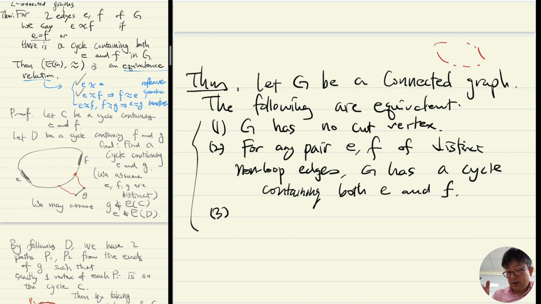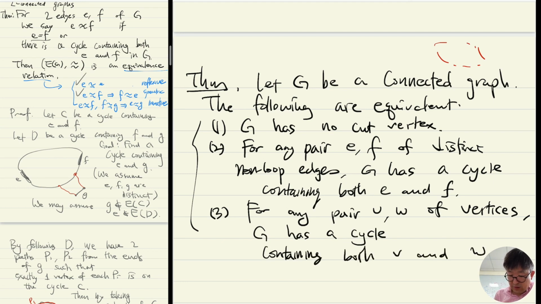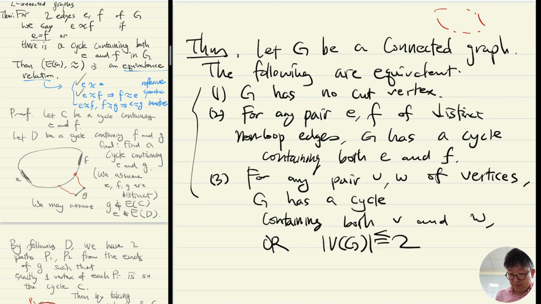In other words, everything is equivalent under the previous relation except the loops. The last condition is, for any pair V, W of vertices, G has a cycle containing both V and W, or the number of vertices is at most 2.